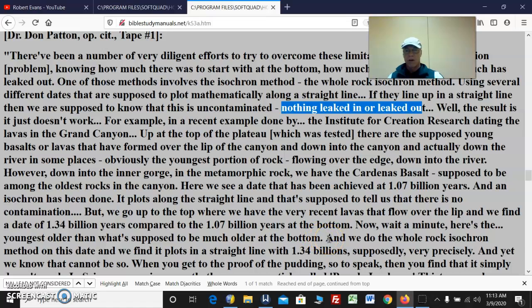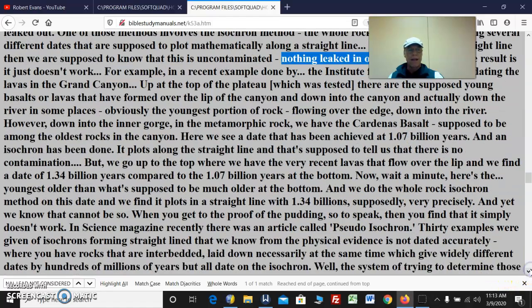So the youngest is older, and the older is younger than the one at the top, which formed later. The stuff at the bottom is supposed to be oldest. And we do the whole rock isochron method on this date, and we find it plots in a straight line with 1.34 billion, supposedly very precisely. And yet we know that cannot be so. The top of the canyon is younger than the older. When you get to the proof of the pudding, so to speak, then you find that it simply doesn't work.